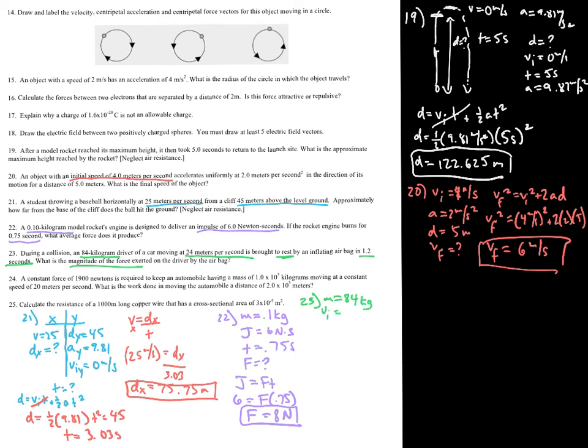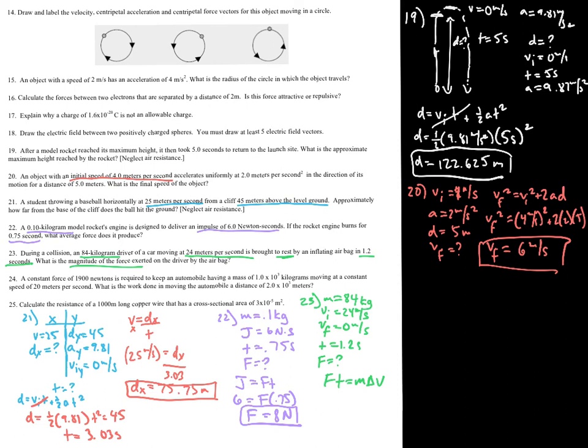Velocity initially is 24 meters per second, brought to rest, so Vf equals 0. Time is 1.2 seconds, and we need to know the force. So this is Ft equals m delta v, the change in momentum. This is also on the reference table, where force times time is equal to change in momentum. And when you change the momentum, you're changing the velocity specifically.